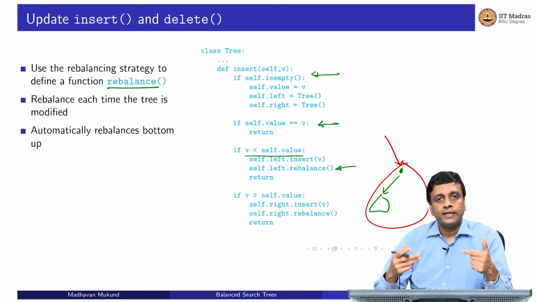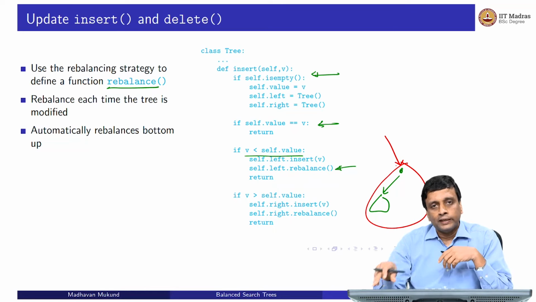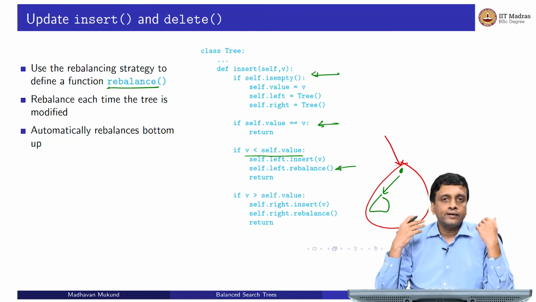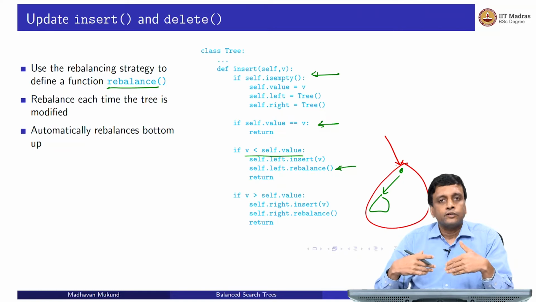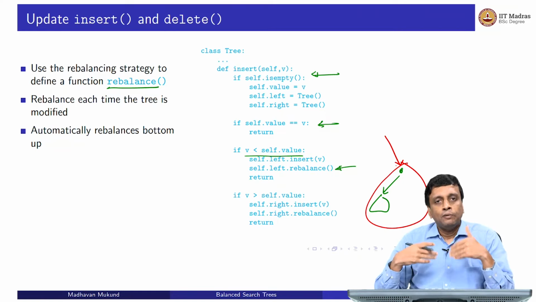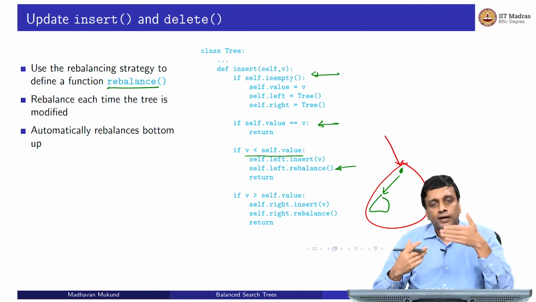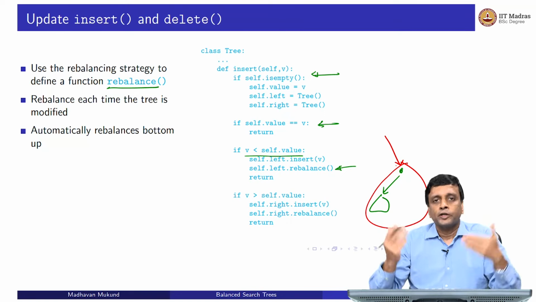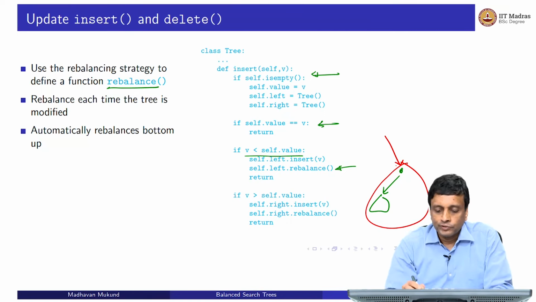That is what I meant by saying that this rebalancing happens bottom up. When I change something to my left, I ask my left to rebalance itself. When I return the value back up, the parent who delegated this insert to me is going to ask me to rebalance myself. So I will get rebalanced after my child is rebalanced, and therefore the assumption that the rebalancing works bottom up is validated. The same thing holds, of course, when you do the right hand side. If you insert on the right, you do a right rebalance.